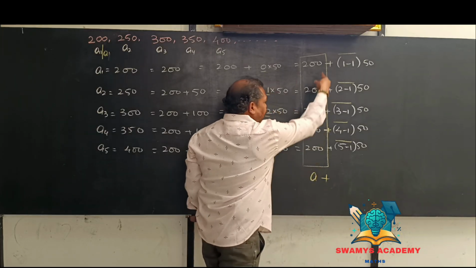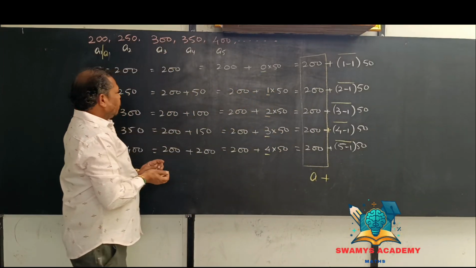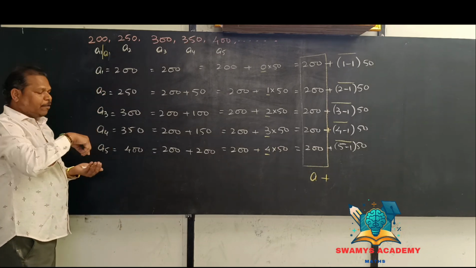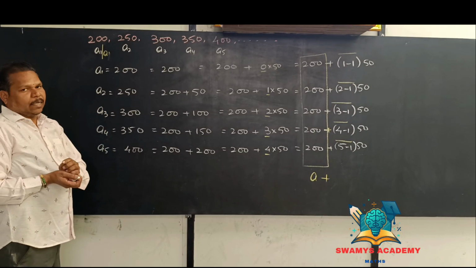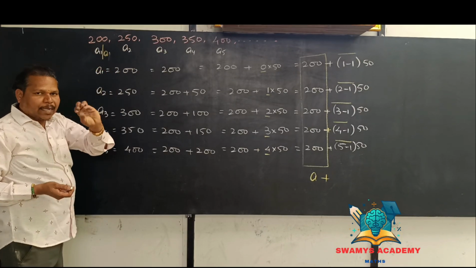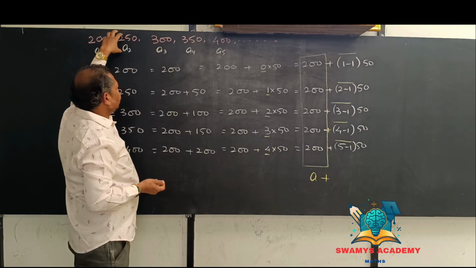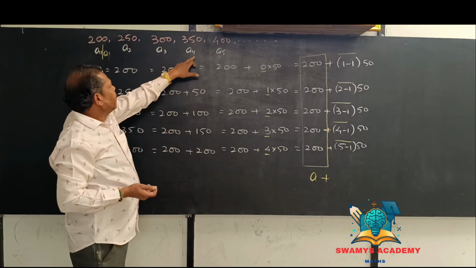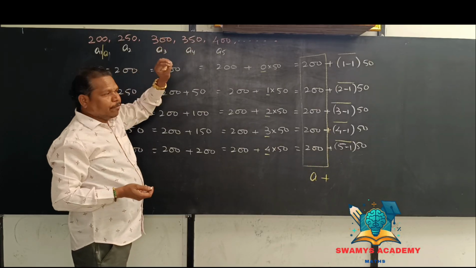A plus, for all the middle ones, plus next to 50. 50 means we already discussed previously. What did we discuss? Common difference, preceding order. So A2 minus A1, that is 250 minus 200, we get answer 50. A3 minus A2, that is 300 minus 250, we get answer 50. A4 minus A3, that is 350 minus 300, we get answer 50.